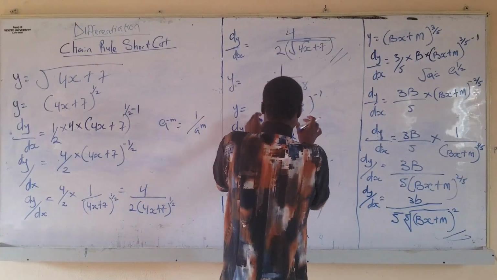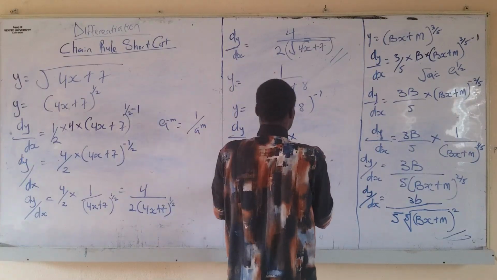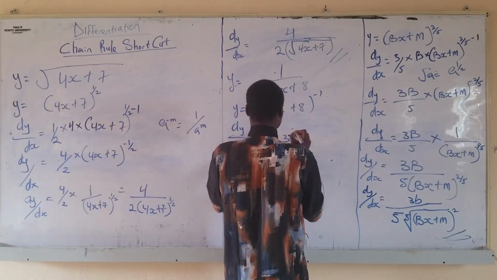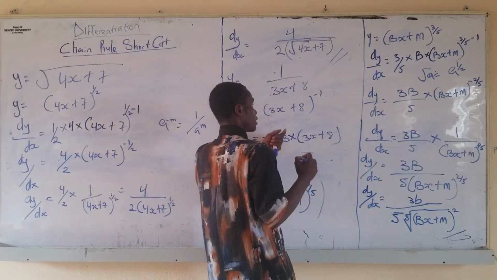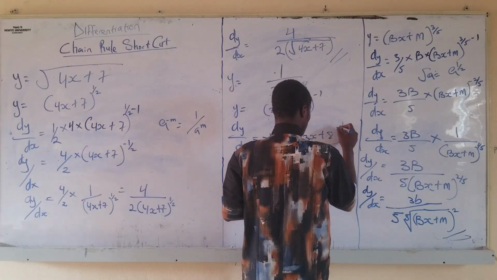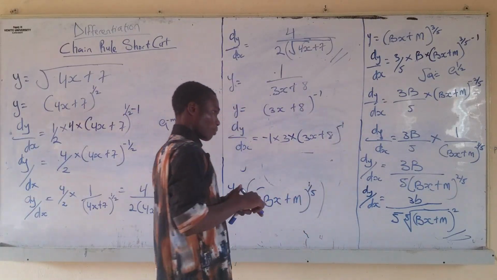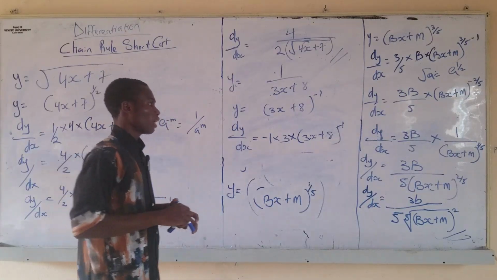Times, then the next step is we write the bracket function, (3x plus 8), and the power, reduce the power by 1.